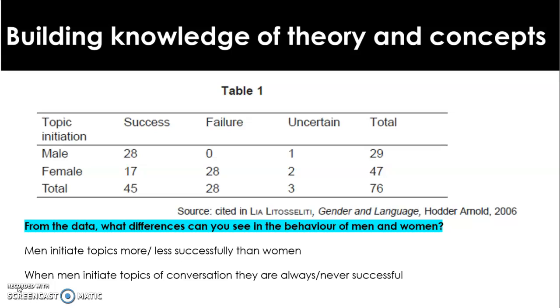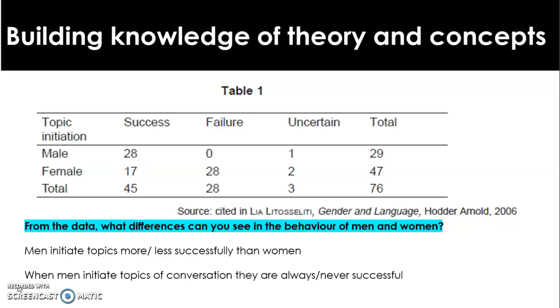If we start with correcting mine, making an assertion based on mine, and then some of the other things you might have come up with. According to this data, men initiate topics more or less successfully than women. We look at the table: men are successful 28 times, women are successful 17. So who's more successful? Men. So men initiate topics more successfully than women.